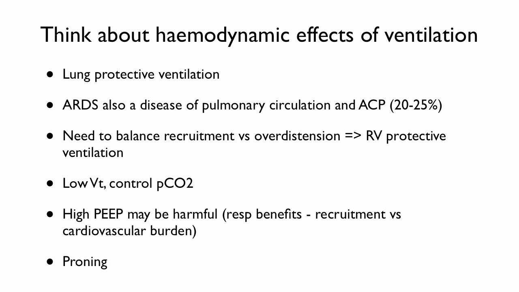One of the things in lung protective ventilation is permissive hypercapnia, so we're happy to tolerate a high CO2. But remember that a high CO2 is going to cause pulmonary vasoconstriction, and it's going to make life harder for the right ventricle. So with RV protective ventilation, there may be some benefit in controlling the CO2 a bit better.